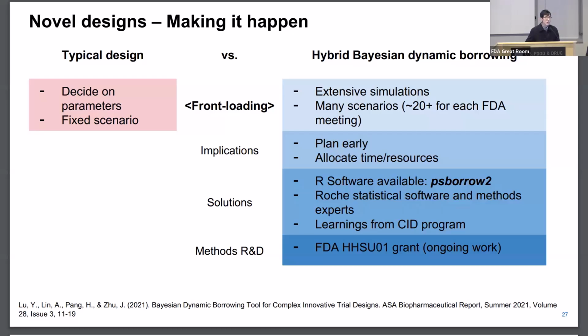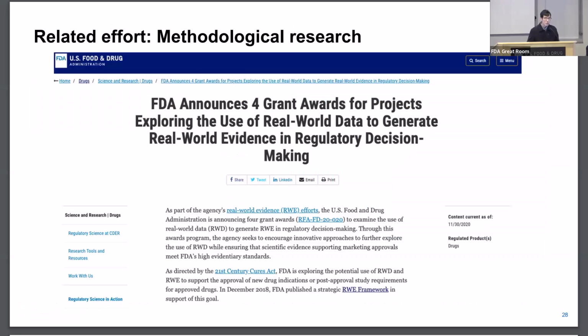And a related initiative that we'll cover very briefly in the coming few slides is another FDA initiative, which is the U01 grant. So in 2020, FDA awarded 4 grants through the U01 mechanism for exploring use of real-world data to generate real-world evidence in regulatory decision-making. And I think they actually have a new batch that came out last year as well.